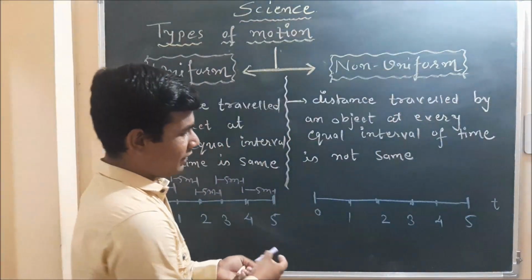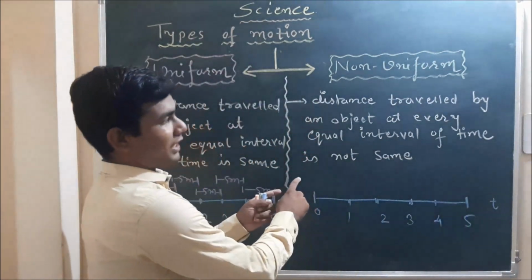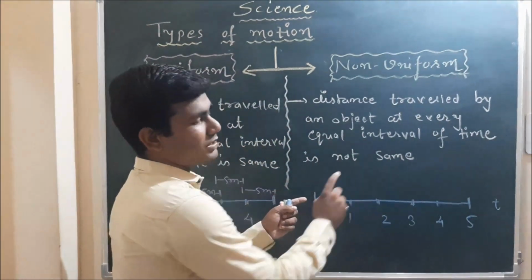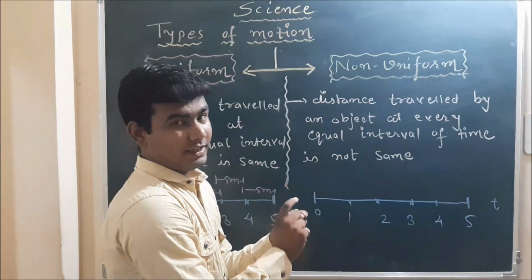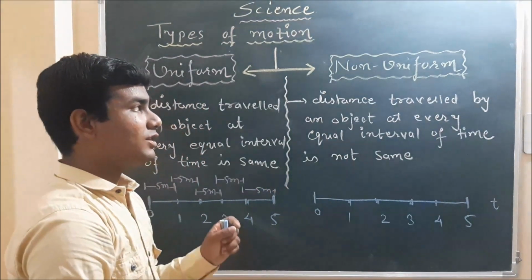Here we can see that the interval of time is the same, but the distance traveled by the object is not equal in every interval of time, so that will be considered as non-uniform motion.